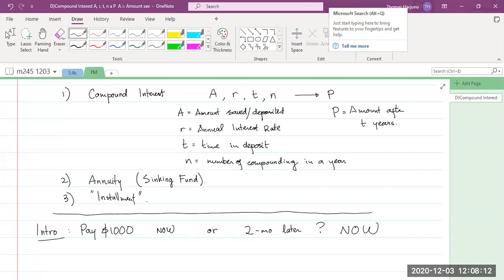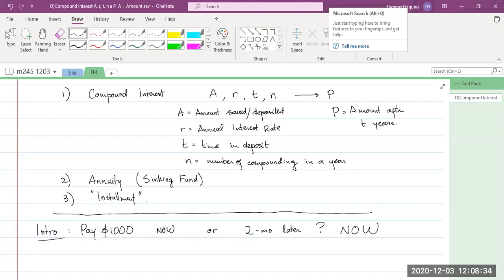Yeah, you may say because Thomas may run away, Thomas may change his mind. No, no, no, I'm not changing my mind. Suppose I just voluntarily will give you $1,000 out of the greatness, kindness of my heart. Would you like it now or 2 months later?